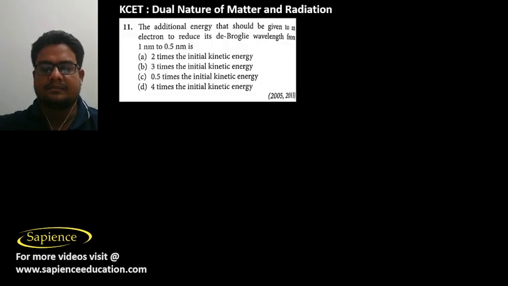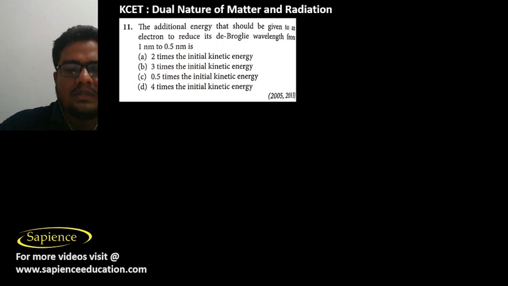Then in question number 11, it is told the additional energy that should be given to an electron to reduce its de Broglie wavelength from 1 nanometer to 0.5 nanometer is.